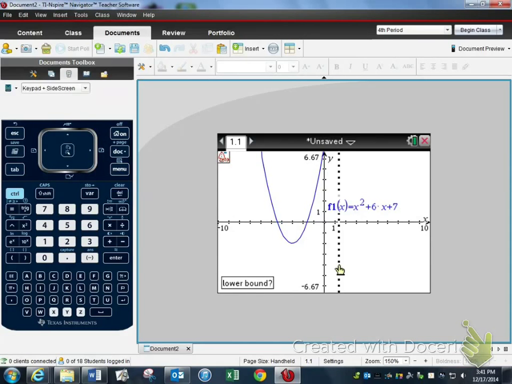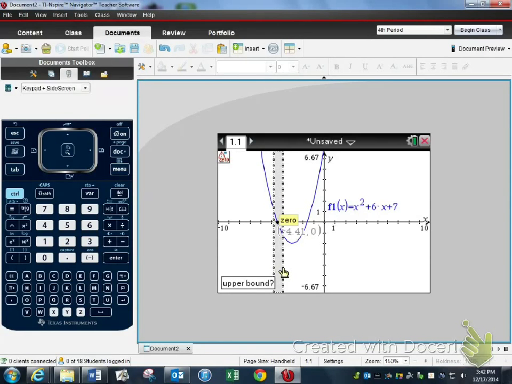All right. So to do that, we need to have a range of where this is. Basically, we need to highlight where that is so that the calculator knows which one you want to find. So I'm going to move this vertical line to the left of it, and I'm going to hit that middle button or the enter button, and it's going to give me a chance to do another one.